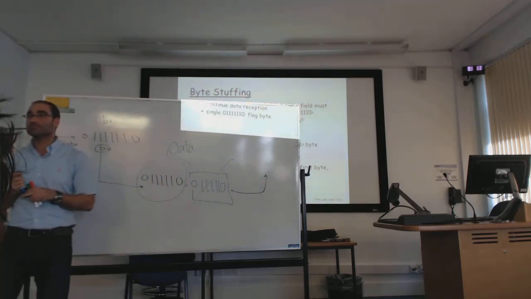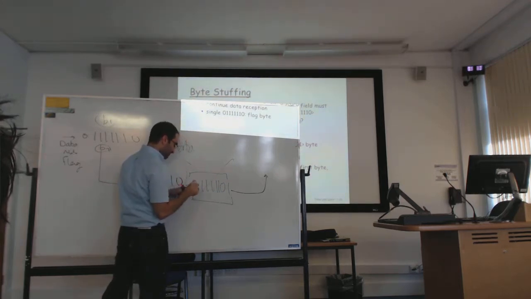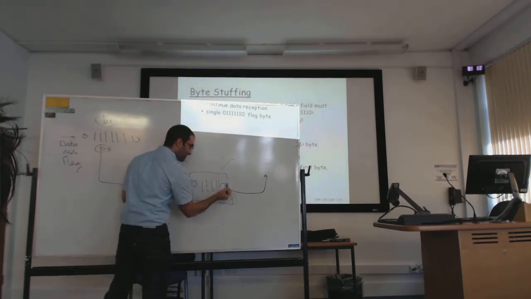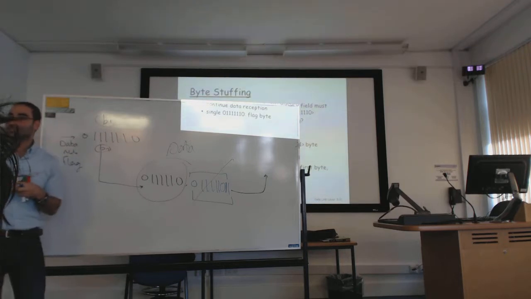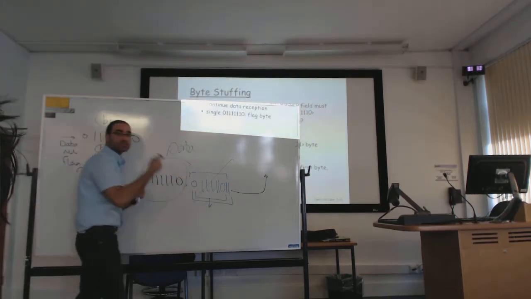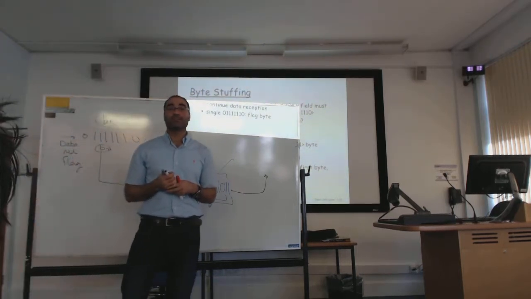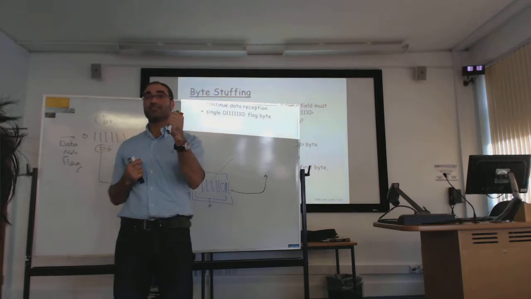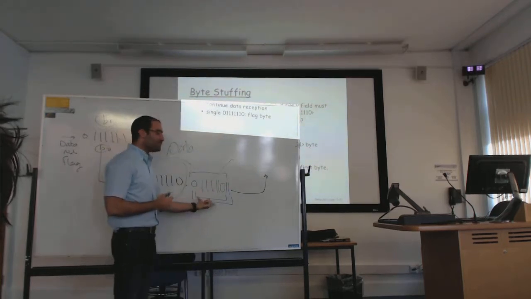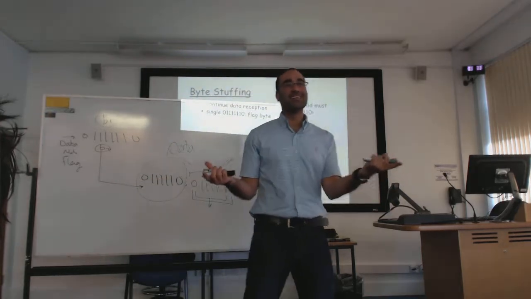How can you tell the difference? Because they are different. It's a different combination of bits. So it's stored that this bit means something is preceding me as data, not a flag. Is that clear? The question is, what happens if this is being sent as data, as this ending?